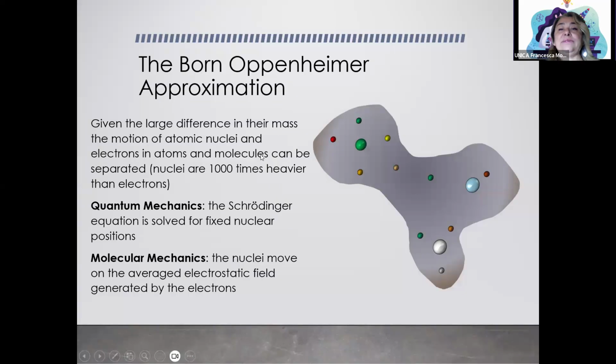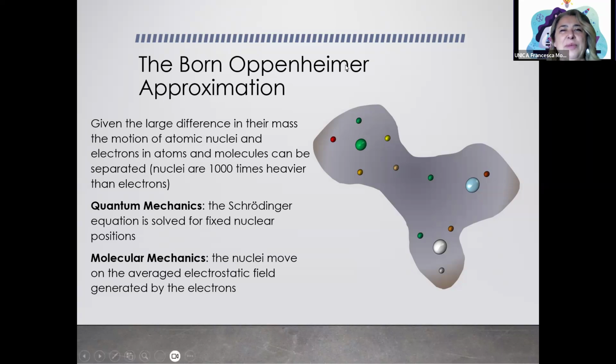So, the possibility of simulating the system, the molecules that are microscopic objects, using the classic law of physics, the Newtonian law, is possible thanks to the Born-Oppenheimer approximation.